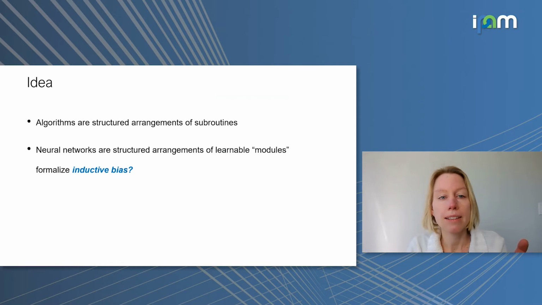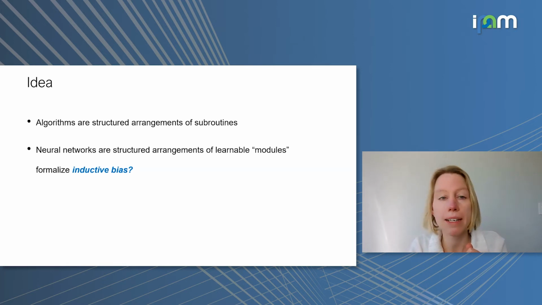So the main idea is that algorithms are really structured arrangements of subroutines, and many of the reasoning tasks are essentially algorithms, like computing a shortest path. Now, neural networks also are essentially a structured arrangement of learnable modules. So in our graph neural network, you could say each of the aggregation functions is a module. And now, if that matches in some way, then we should be in good shape.